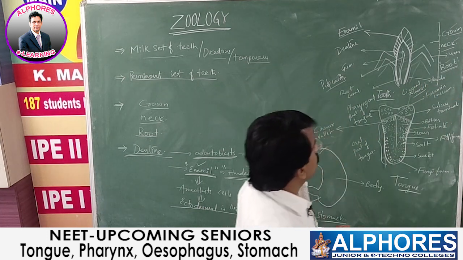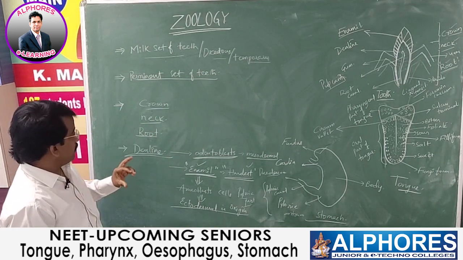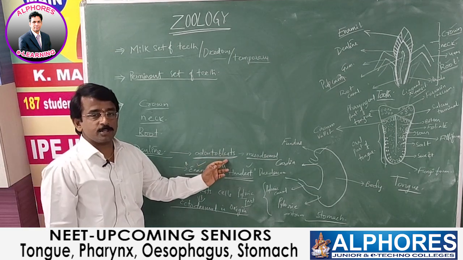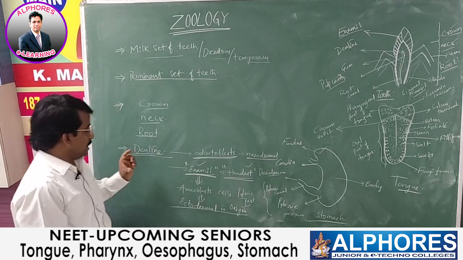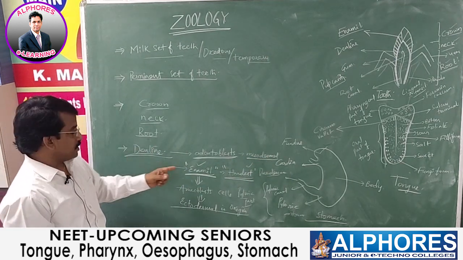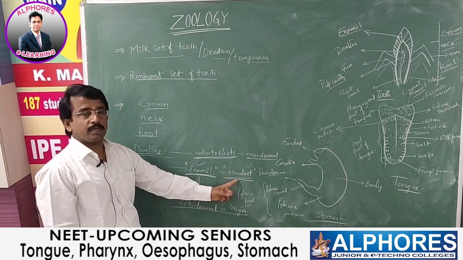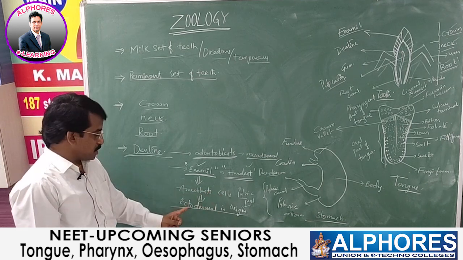So the tooth, with the crown, neck and root, is entirely made up of dentine. This dentine is formed by odontoblast cells, which are mesodermal in origin. The dentine crown part is covered by enamel, a whitish substance, the hardest part, formed by ameloblast cells, which are ectodermal.